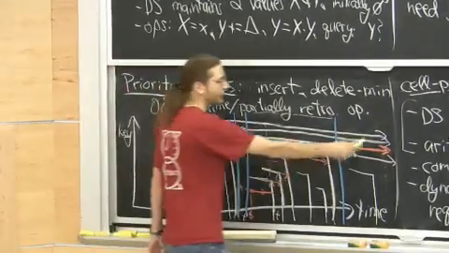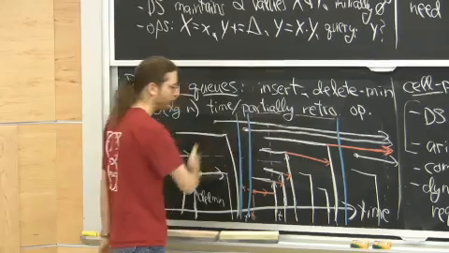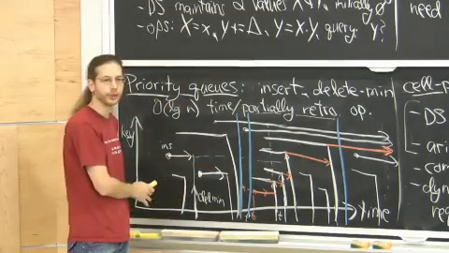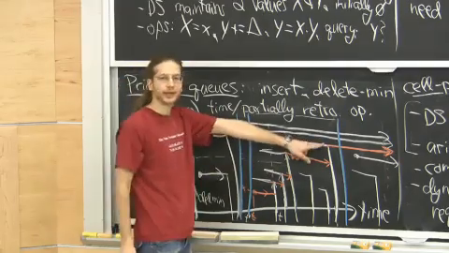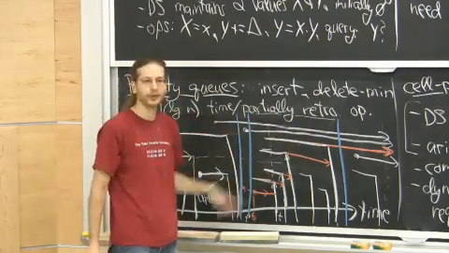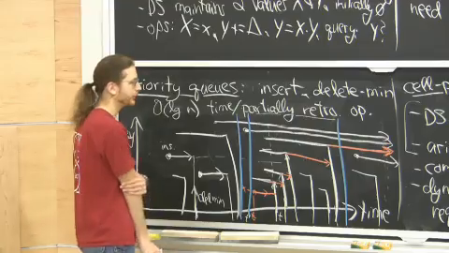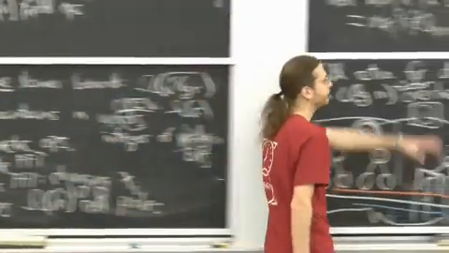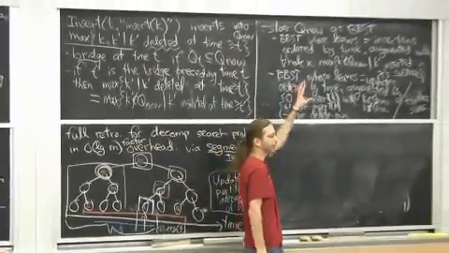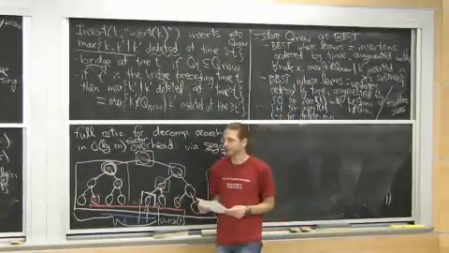We can't afford to maintain this whole picture because it changes too much. But we want to know the result of the cascade without having to do all that stuff in the middle. That's our goal. And I claim, this is a lot of text, but I claim that this information is enough to do that in log n time. So let me try to convince you.